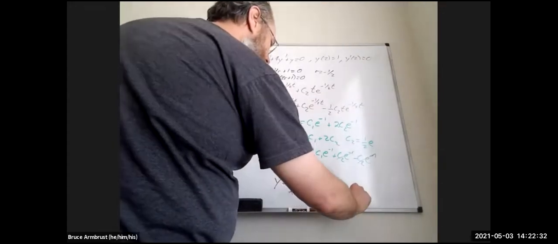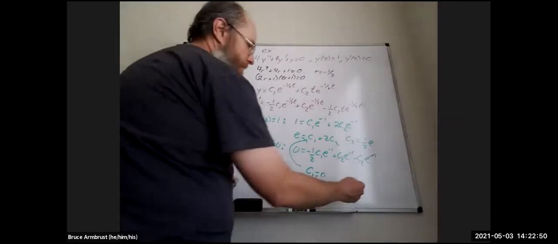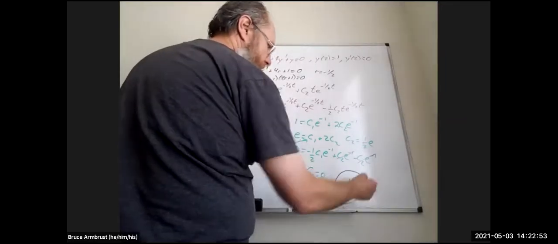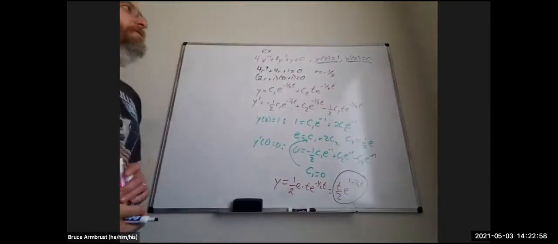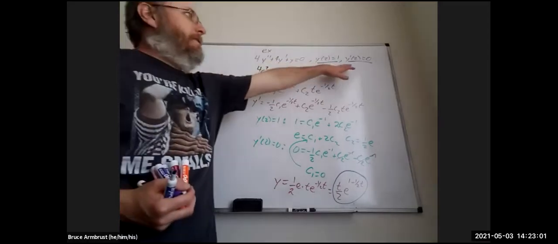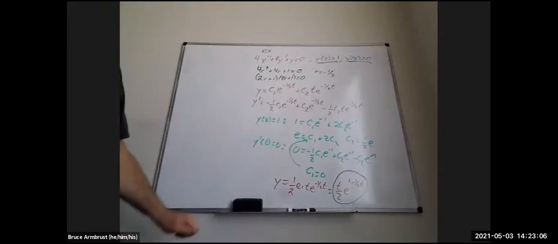So 1/2 t e to the 1 minus 1/2 t, using the rules of exponents. So there is the function. This is the function that satisfies those conditions. So it passes through the point 2, 1 and is actually flat temporarily at that point. And it satisfies this differential equation.